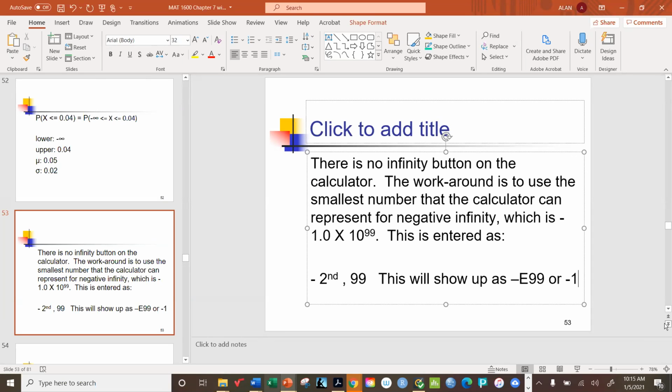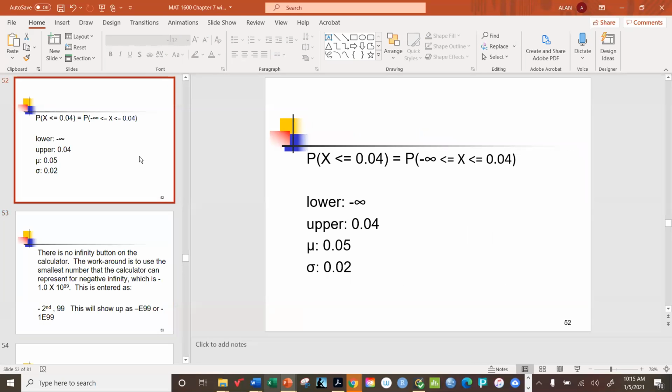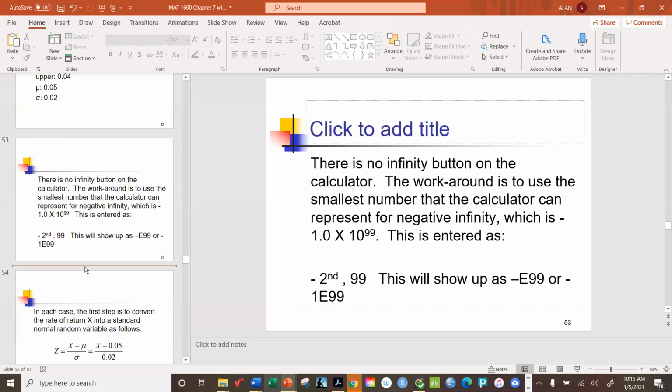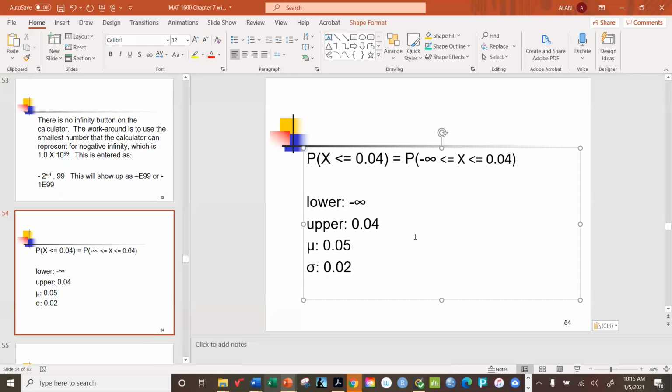It might also show up as negative 1E99. It depends on which version of the calculator you have, but either way, this represents negative infinity. Okay, so therefore, we can go ahead and replace this negative infinity with negative second comma 99. And if you go through all those steps, it should give you the answer, which we already have seen.